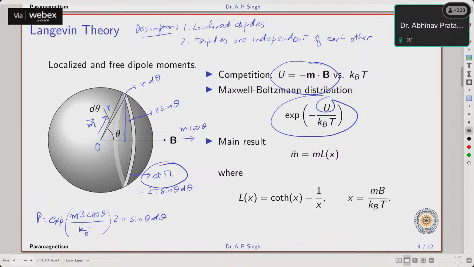So how will I calculate that average value? I will integrate. I will integrate later on, but let me first write the expressions. So I will take m cos theta and multiply it with this whole probability, that means exponential of mb cos theta over kbt times 2 pi sine theta d theta.